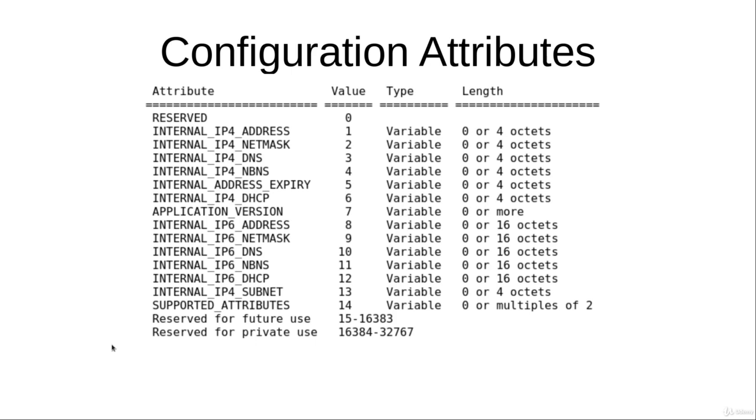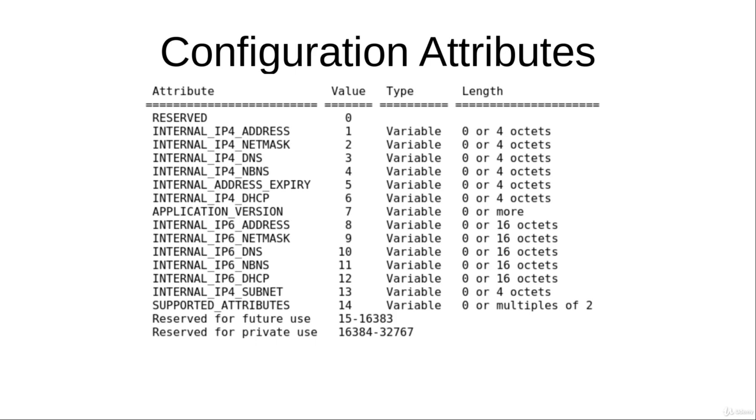The responder would only send up to the number of addresses requested. The requested address is valid until the expiry time defined within the internal address expiry attribute, or until the ISAKMP SA that was used to secure the request expires. The address can also expire when the IPsec Phase 2 SA expires, if the request is associated with a Phase 2 negotiation.